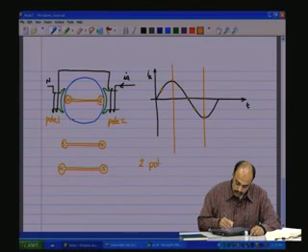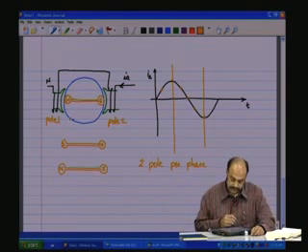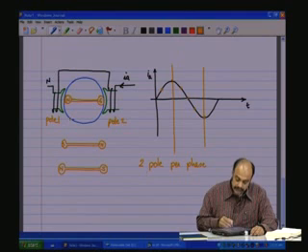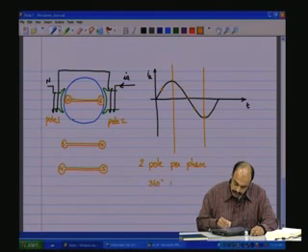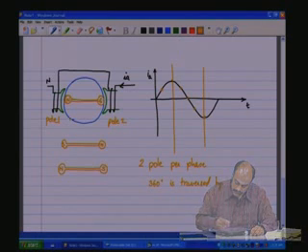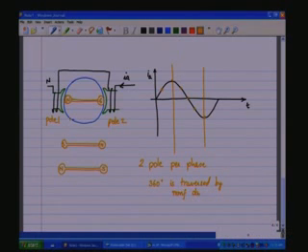So you have 2 poles per phase. Now in this 2-pole per phase system, 360 degrees is traversed by the MMF dumbbell in 2 half cycles of the IA or the current wave.